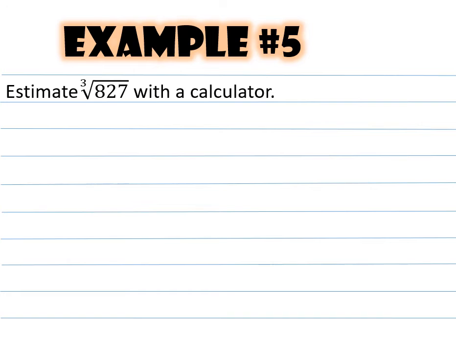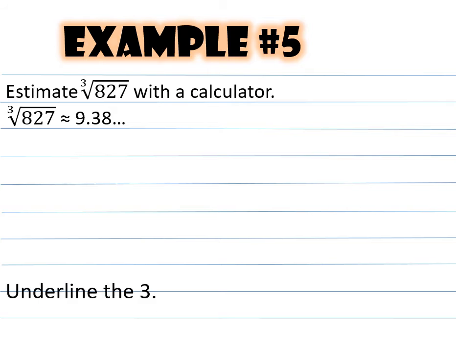Example number 5, estimate the cube root of 827 with a calculator. We're going to type in 827, hit second, hit 0, and you get about 9.38. There's other numbers behind that, but that's all that we're worried about.